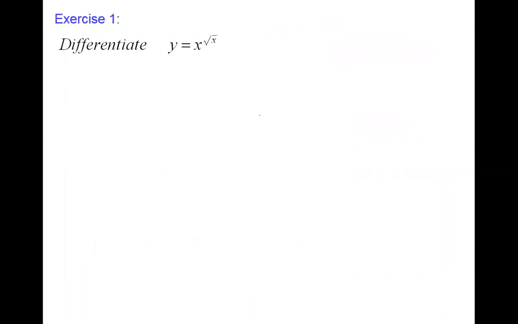Exercise number 1. Differentiate x to the power of root x. Taking the logarithm of both sides, ln of y equals ln of x to the root x. Having root x as an exponent, we may put it in front of the logarithm.